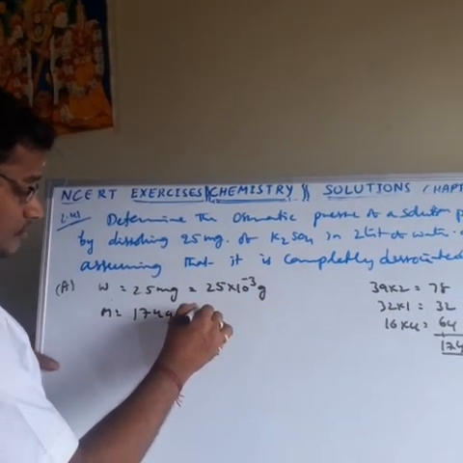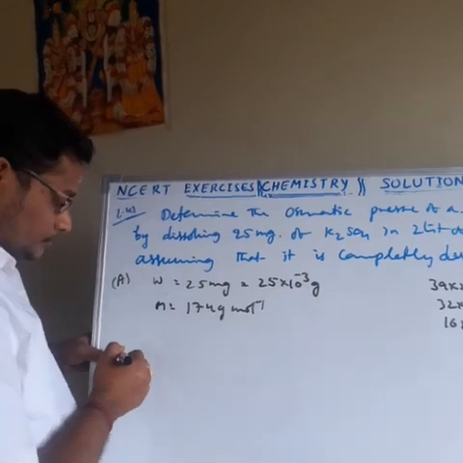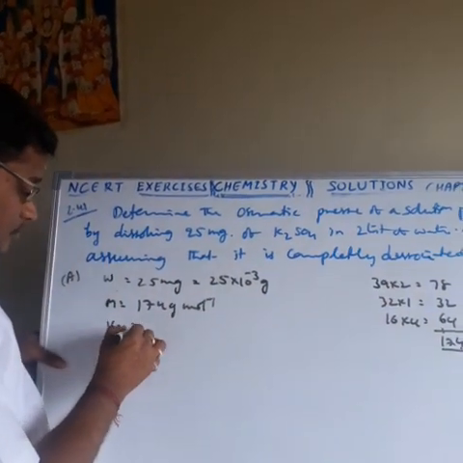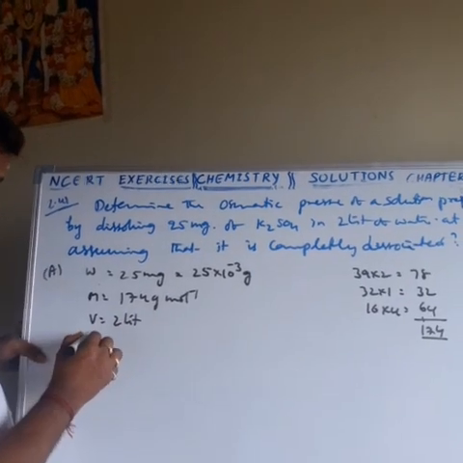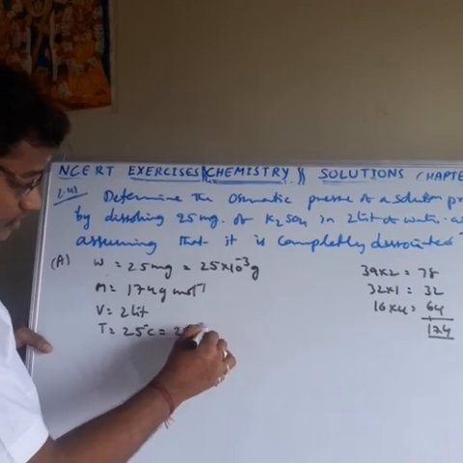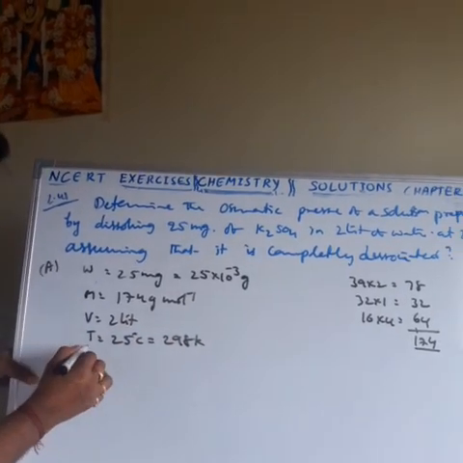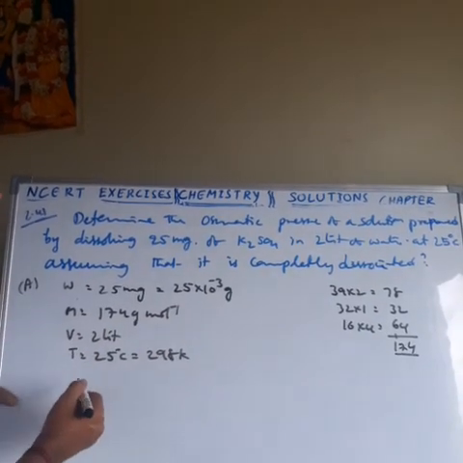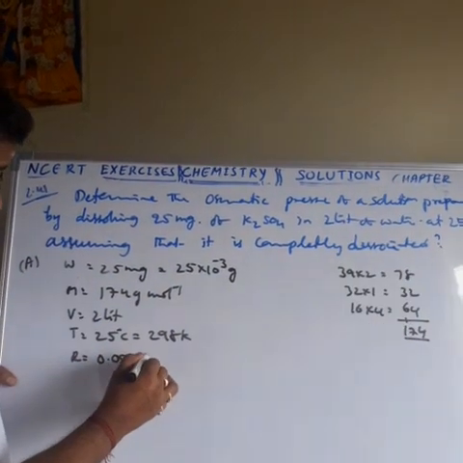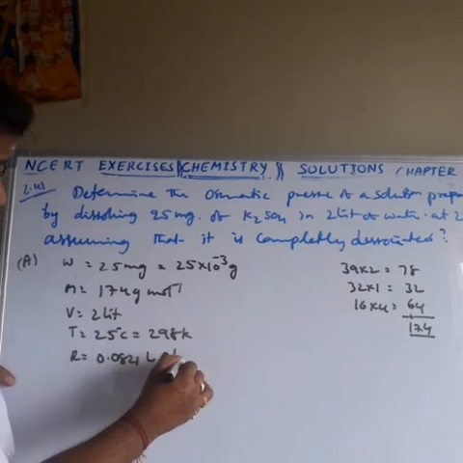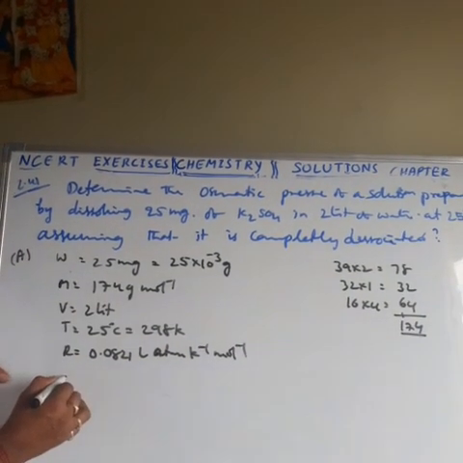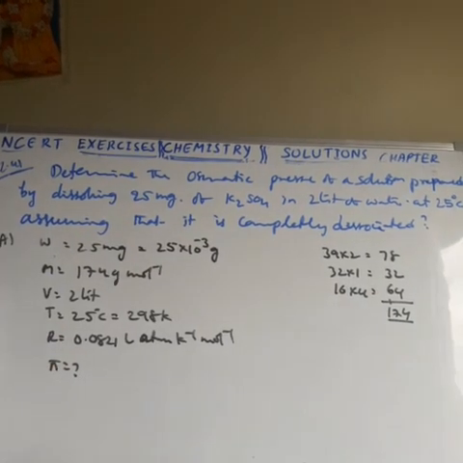Its total value is 174 gram mole inverse, the gram molecular mass. Then next value, 2 liters they give. Temperature 25 Celsius degrees is equal to 298 Kelvin, converting into Kelvin scale. Next, R value we already know: 0.0821 liter atmosphere Kelvin inverse mole inverse. Next, osmotic pressure we have to calculate.